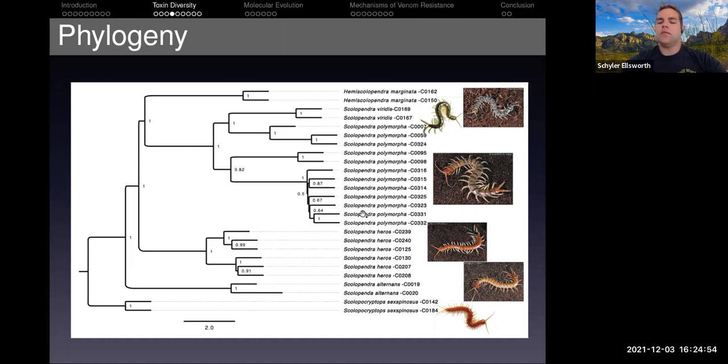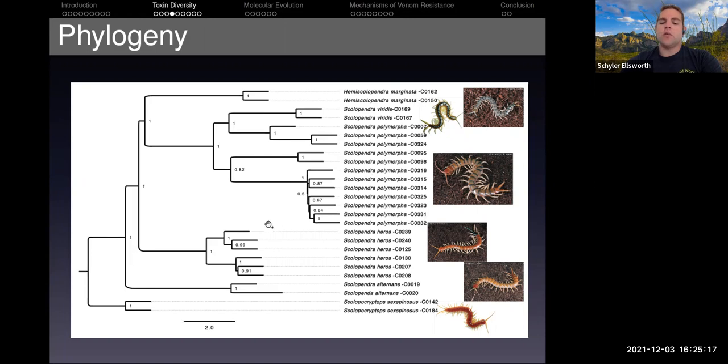These 3 groups, through this genetic analysis, probably should be elevated to new species. However, like I said, we need a little more work to distinguish those. So for my future work, I separated them out and characterized their toxins based on the lineages that we see here.